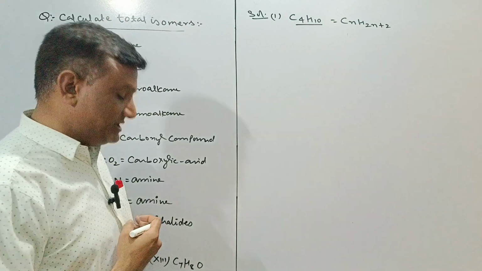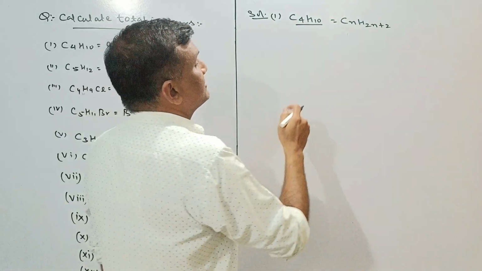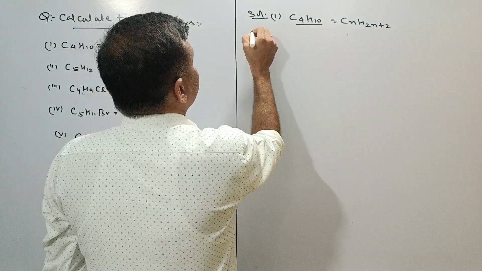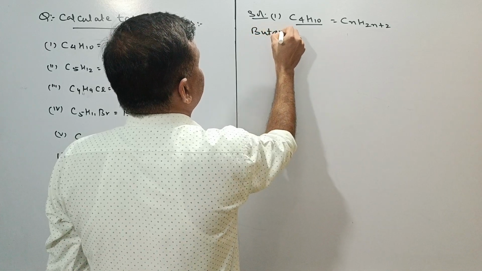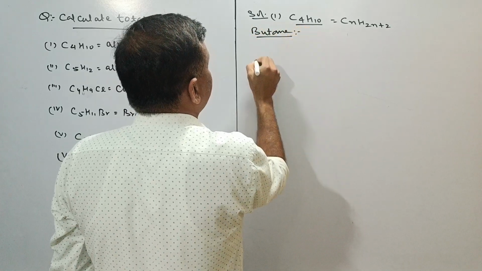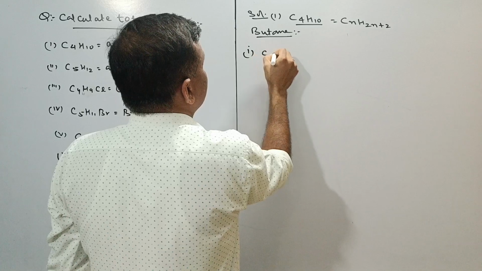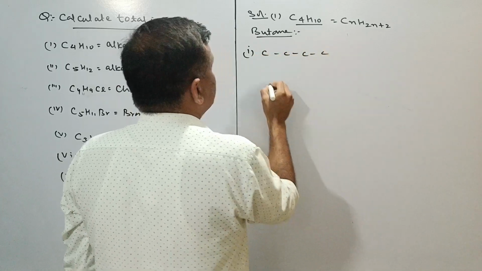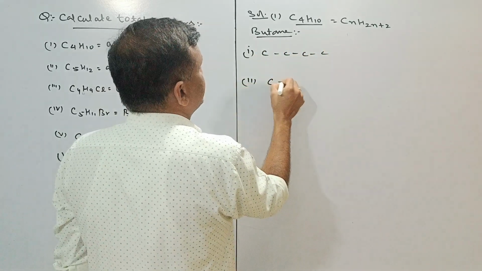The total number of hydrogen atoms is 10. For 4 carbon atoms it is butane. Regarding butane, first of all we'll go with the normal chain, and second we can take the iso chain like this.